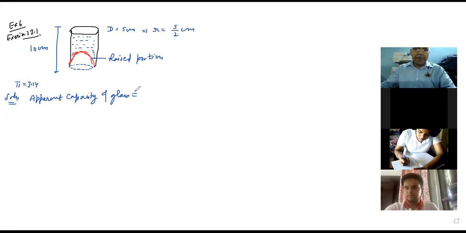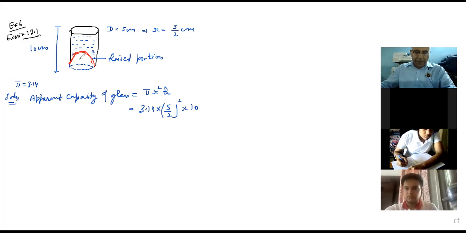So apparent capacity of the glass, this is volume of the cylinder, which is pi r square h. So pi is 3.14, radius he has given 5 by 2 whole square, and height he has given 10 centimeters.